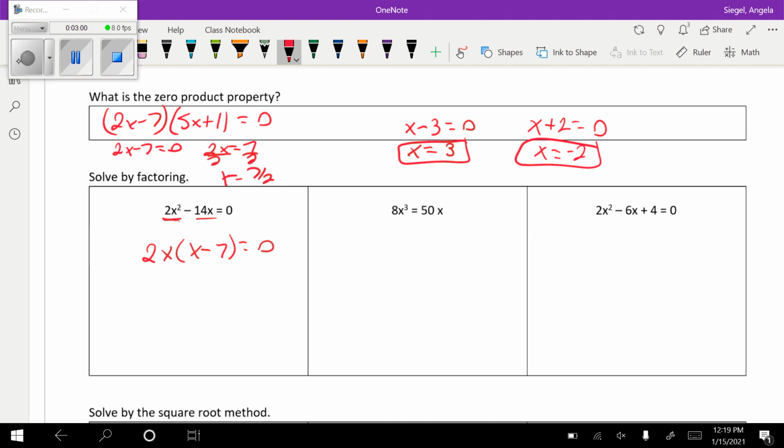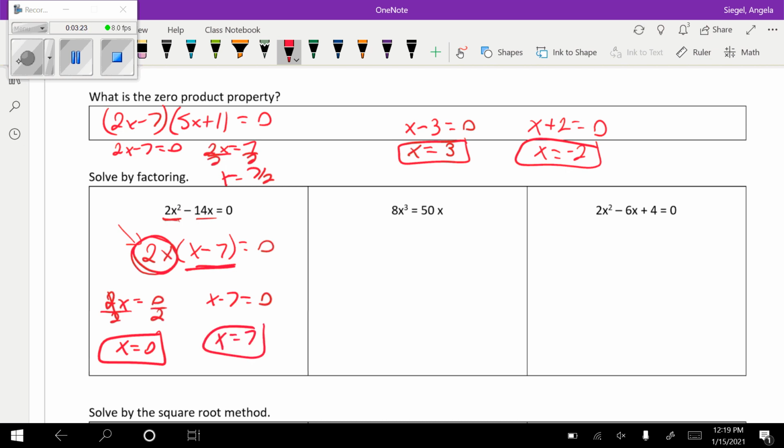And then I'm going to pull from that zero product property. So I'm going to set this equal to 0 and this equal to 0. So 2x equals 0, x minus 7 equals 0. So here, if I divide by 2, or any coefficient for that matter, it's just going to give me 0. So you can kind of keep that in mind. When there's not a plus or minus on the outside, it's just going to be 0. And this is x equals 7.